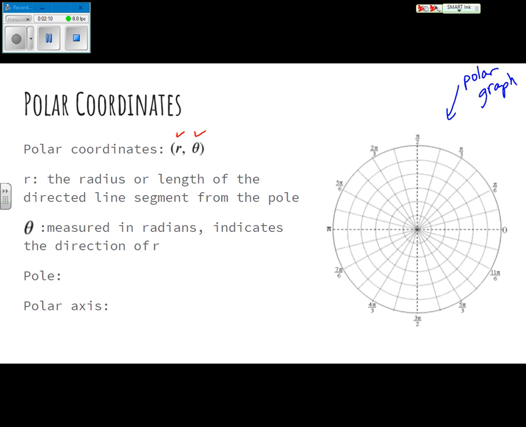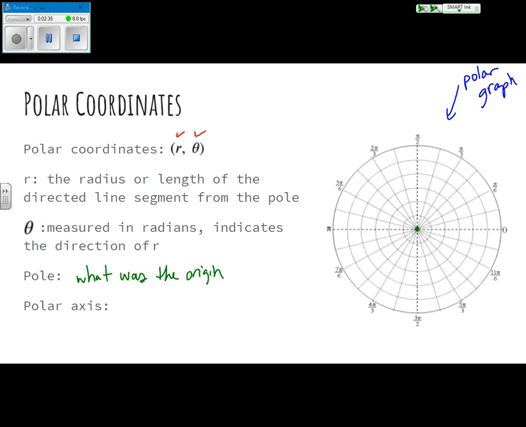Now, I just said pole. What is the pole? The pole is what was the origin. That's going to be this spot right here. So when you hear me talk about the pole, that's just where the origin was a while ago.